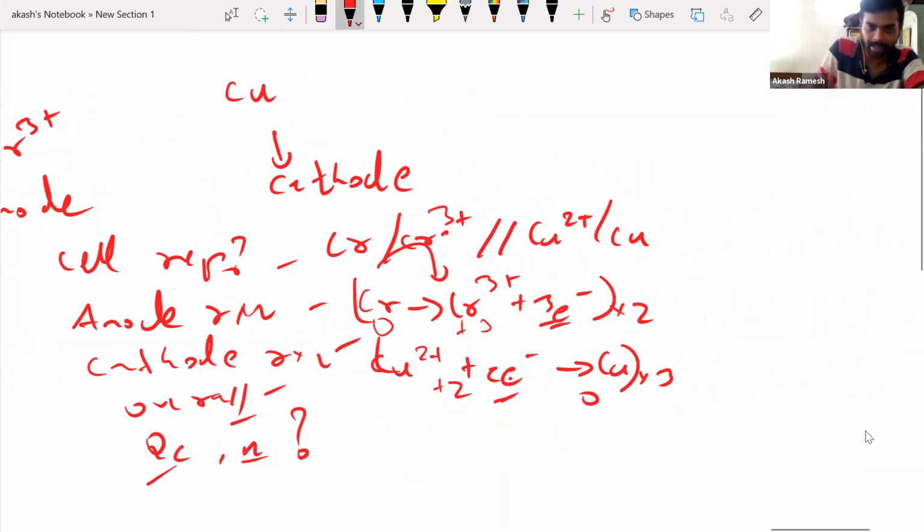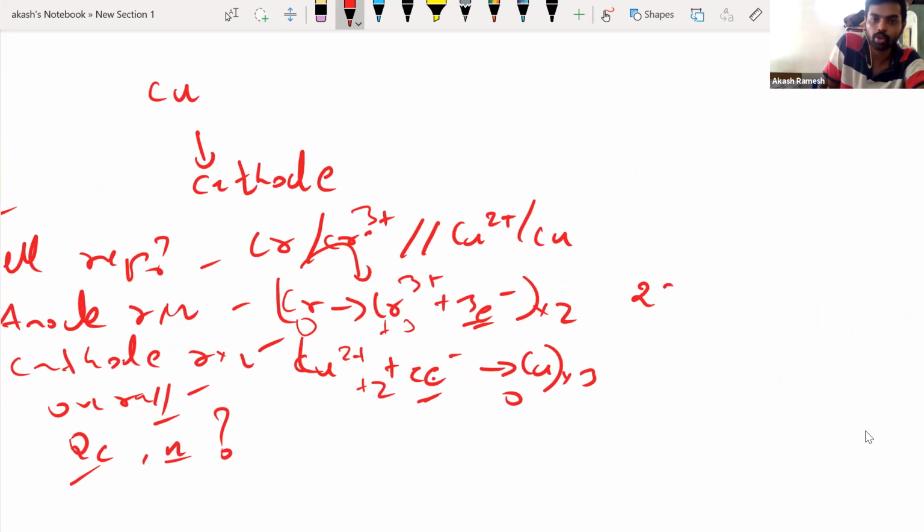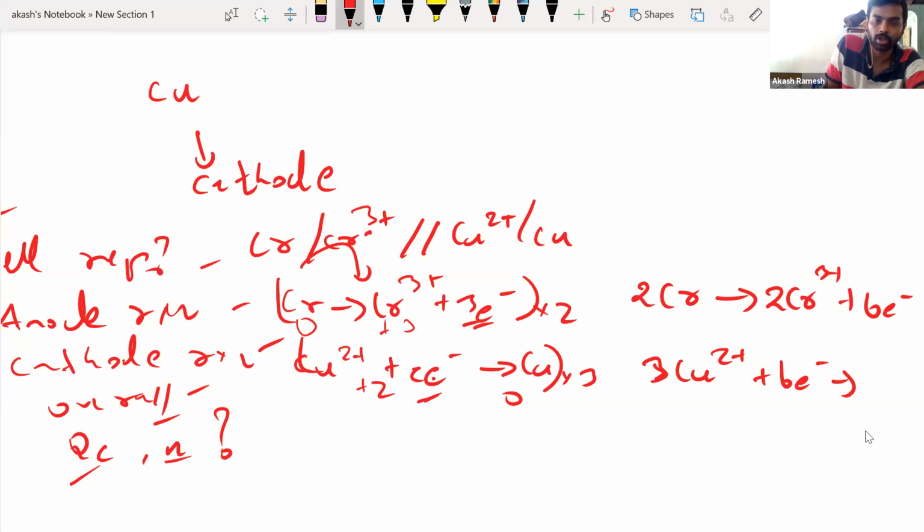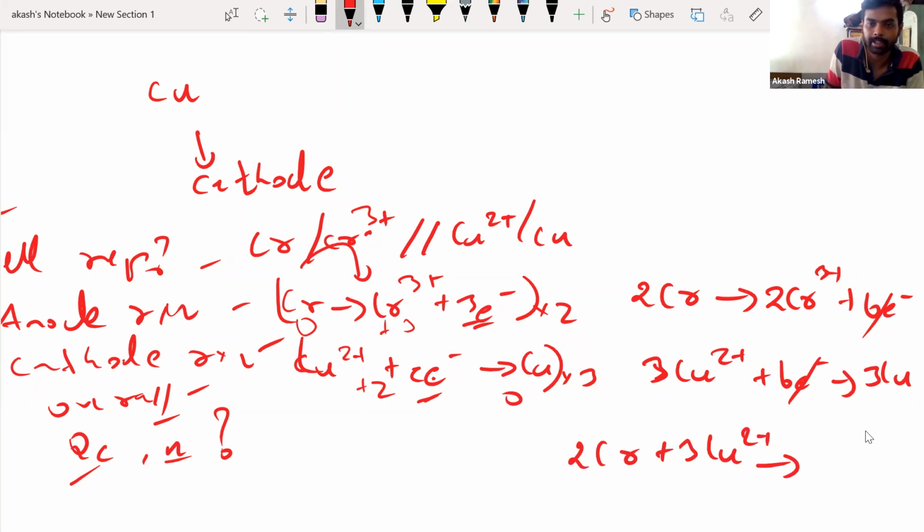So I will have 2 Cr becoming 2 Cr3+ plus 6 electrons, and 3 Cu2+ will accept 6 electrons to form 3 Cu. Now, when I write the overall equation, the electrons get cancelled. So I will have 2 Cr plus 3 Cu2+ gives 2 Cr3+ plus 3 Cu. No problem.